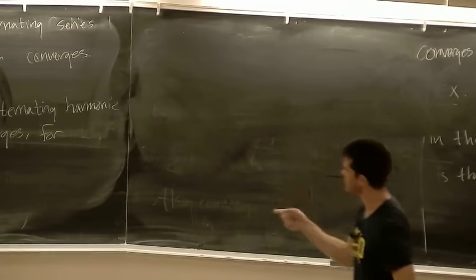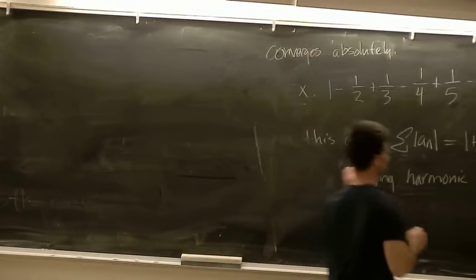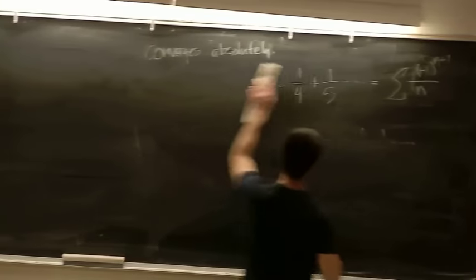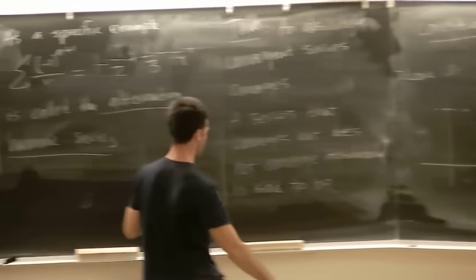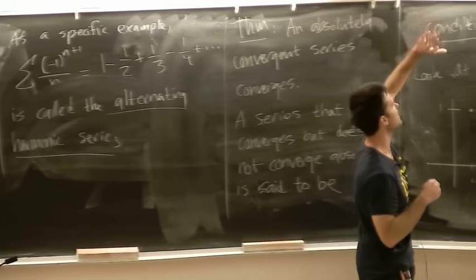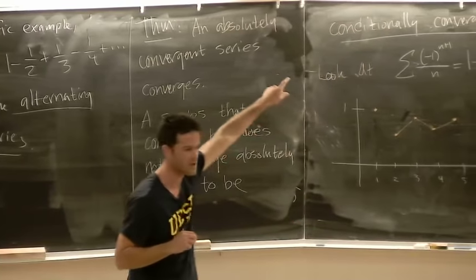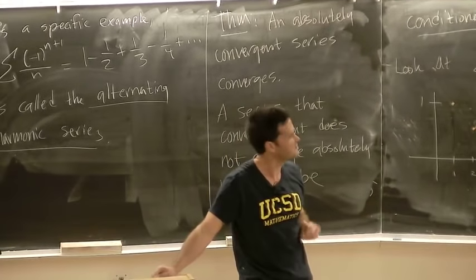So let's see. I'll give you some more examples, but I want to say something that's kind of neat and weird while I'm still on this. When I gave you the definition of conditionally convergent, I said these series are weird.